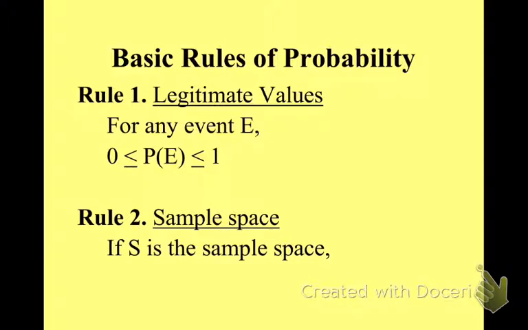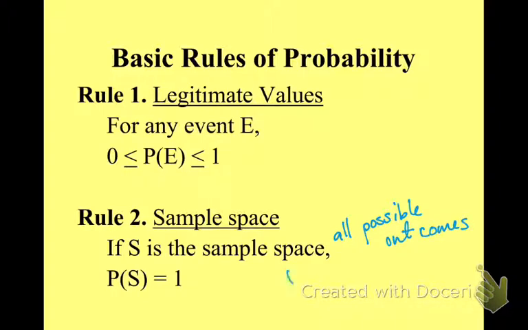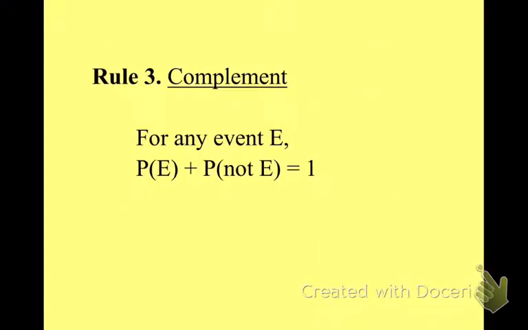The second rule is that if S is your sample space, and remember, sample space is all of the possible outcomes, for instance flipping a coin, you have heads and you have tails. So the probability of flipping a heads or a tails is 100%, always. So 100% is your sample space.